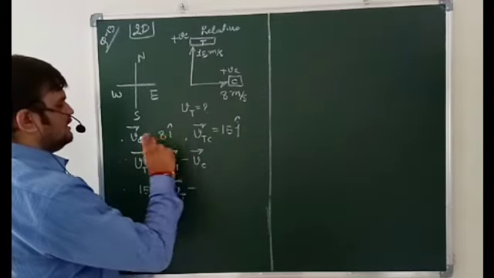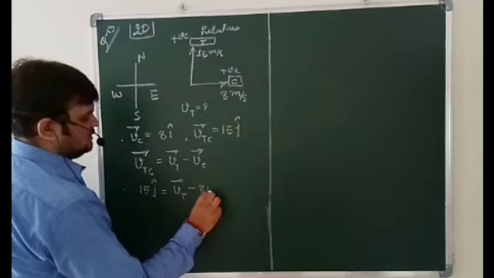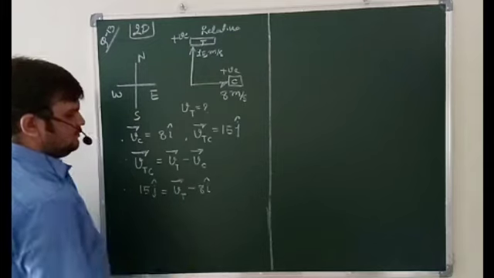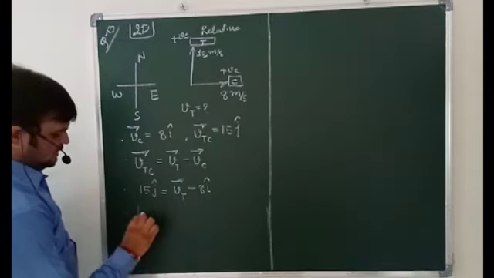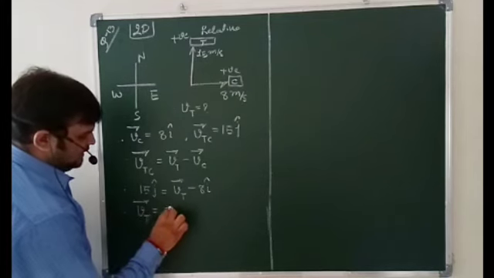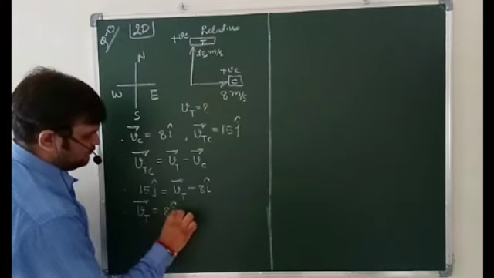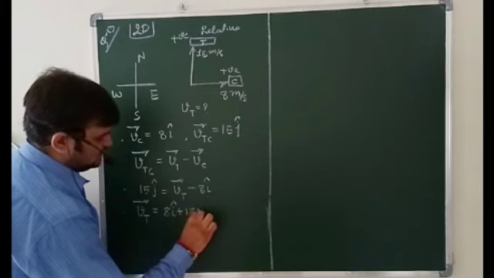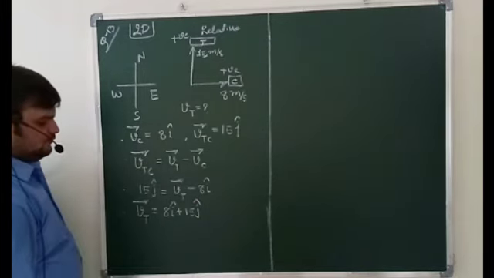The velocity of car vc is 8 i caret. So now vt is equal to 8 i plus 15 j caret.